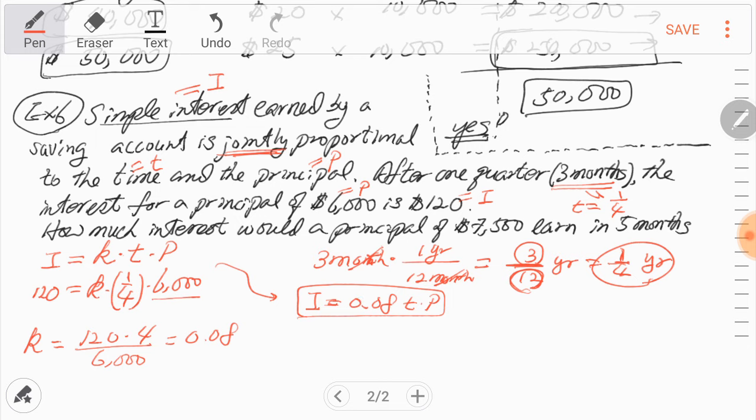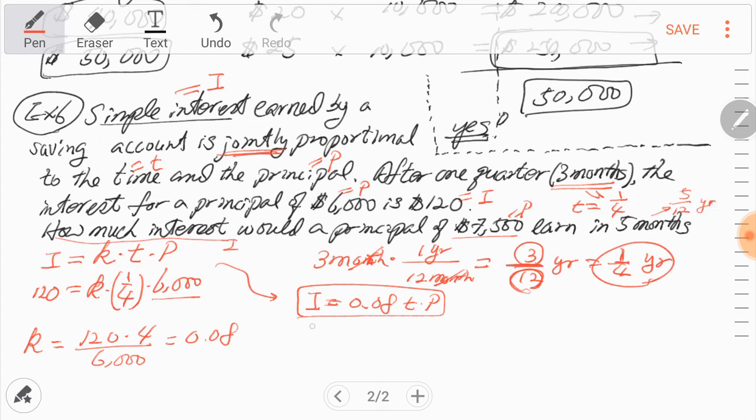All right, then let's find the answer. Okay, how much interest? So we gotta find I. How much interest? So what is I? When the principal is 7,500 and the month is 5. So divide this 5 by 12. So that is the number of years.